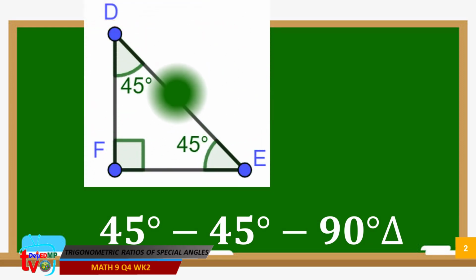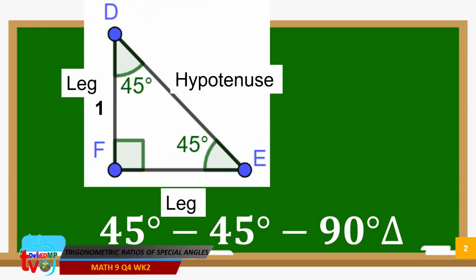Let us study isosceles right triangle DEF. Given that the leg, line segment DF, is 1 unit long, can you tell me what the length of line segment EF is? Yes, that's right. Line segment EF is also 1 unit long since the legs of an isosceles right triangle are equal.